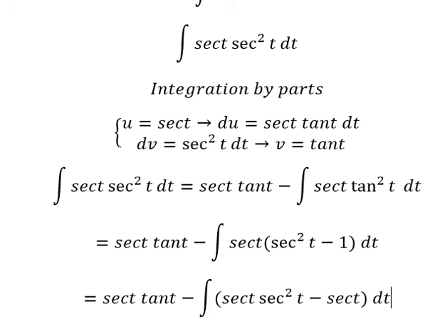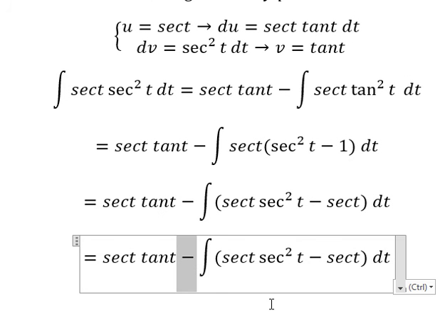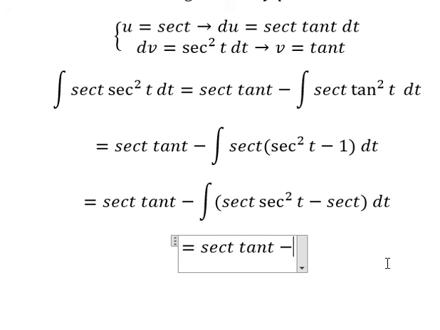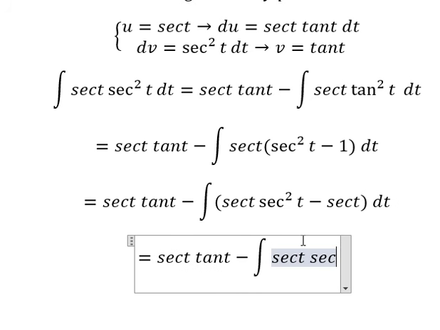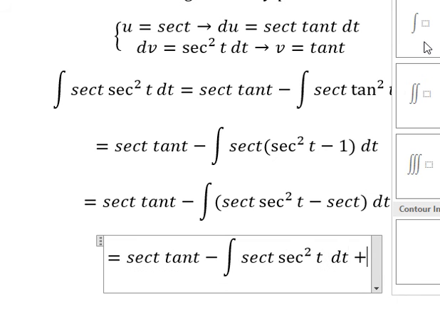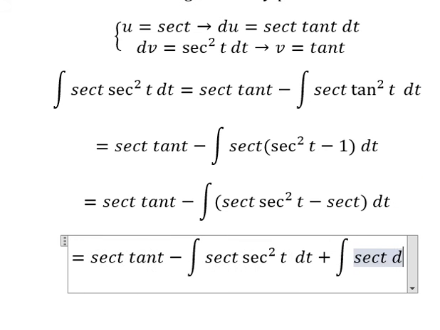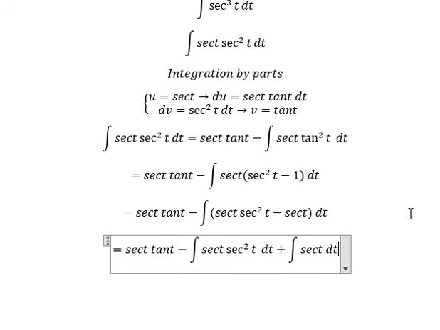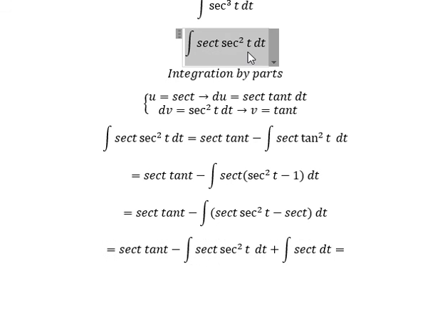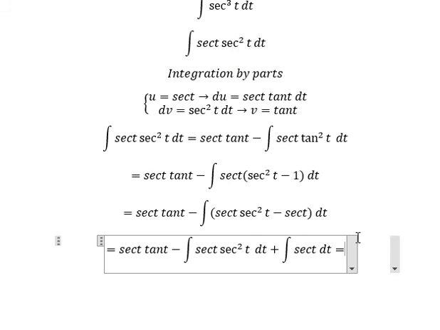Next, the negative will change the sign of this one. So we put like this. So we know that this one equals this one. So I will put this one going here.